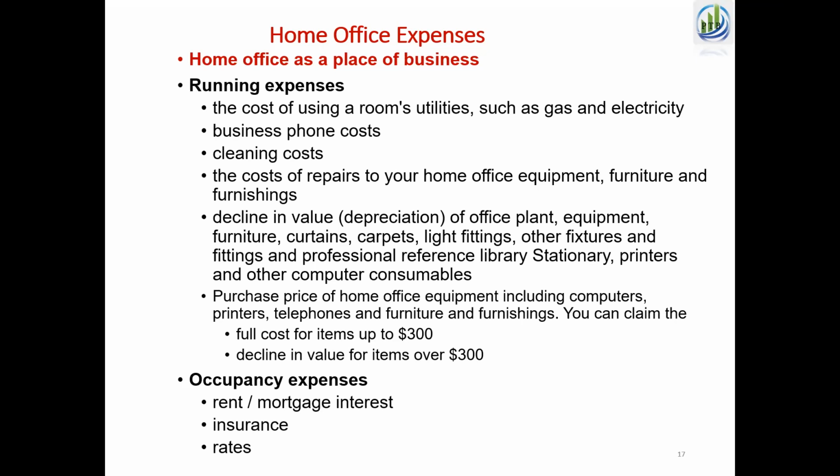You can only claim running expenses for that type of setup. You cannot claim occupancy expenses for a workplace-as-a-convenience home office. So for your principal place of work, you can claim running expenses and occupancy expenses. For work as a convenience, you can only claim running expenses.